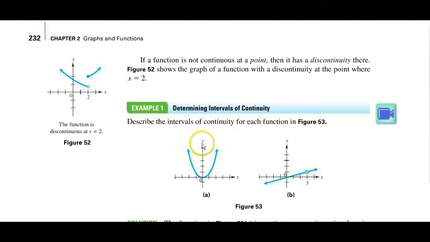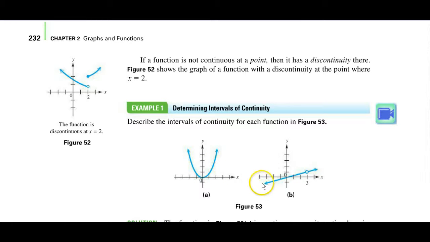Now, for this one down here, as we take our pencil, it stays on the paper throughout the graphing of our graph. And that would be continuous. That shows continuity.